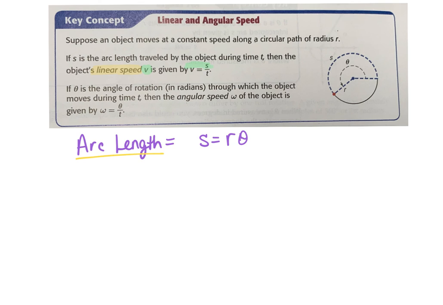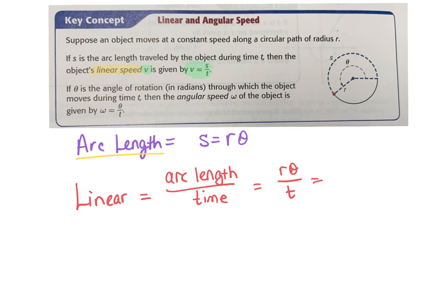So my linear speed is going to be my arc length over my time, so how long it took to go that far. Which means my arc length is radius times theta. So these two are the same thing: radius times theta over time is the same thing as s over t, because s is radius times theta. So that's the first one.